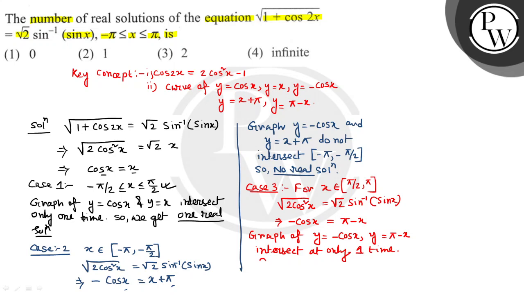So we get one real solution in this interval. How many real solutions in total? One from the first interval and one here, so we get two real solutions.